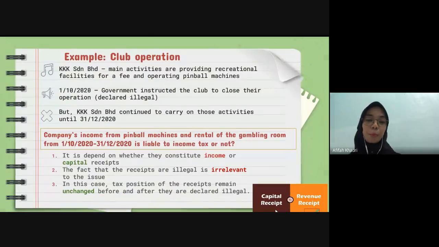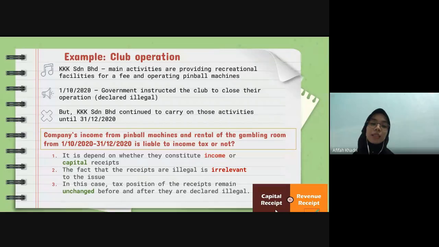Next. Okay, here, KKK Sendirian Berhad, their main activities are providing rooms for gambling and also operating pinball machines. Then, in early October, the government declared their business as illegal and they needed to close down in October. But KKK Sendirian Berhad still operated their business until December.